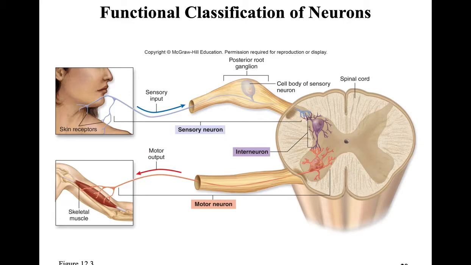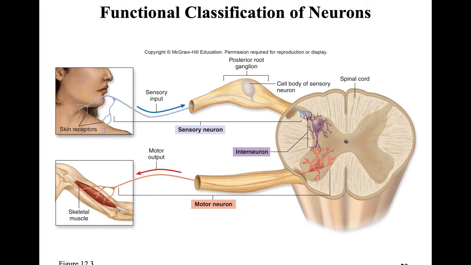Okay, now while we have this picture, I want to highlight something called the posterior root ganglion. If you recall from your terminology, another way of saying posterior is dorsal. So posterior or dorsal root ganglion. Notice it is not in the spinal cord.